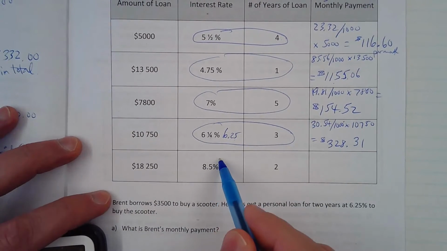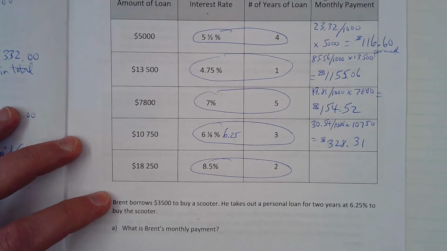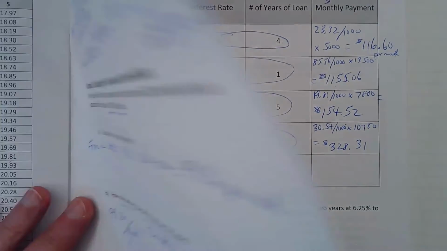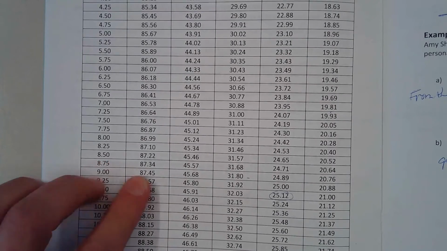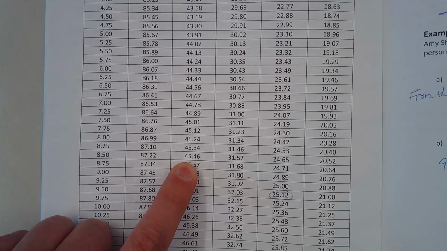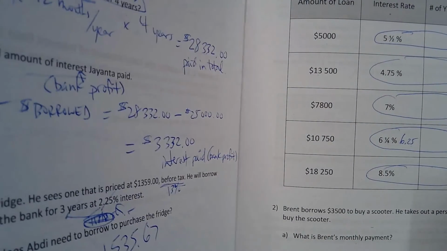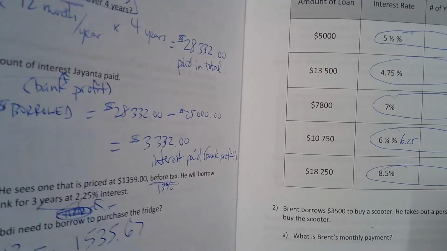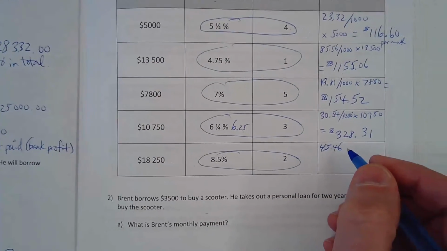Okay, and the last one on this table here, 8.5% and 2. I'm going to go look at the chart. And it's $45.46. Okay, 45.46.